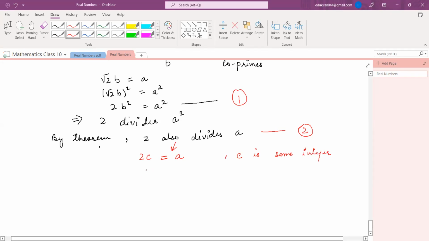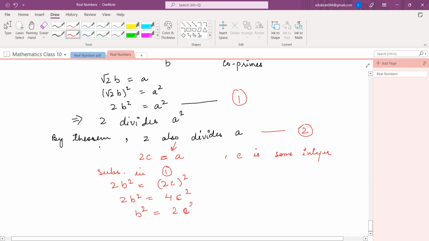Now just put this result in 1, substituting in 1. So this will give you 2b square is equal to, in place of a, I'm writing 2c whole square. So 2b square is equal to 4c square, and then b square is equal to 2c square.